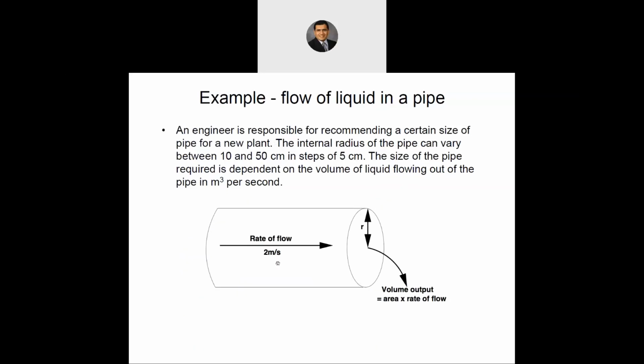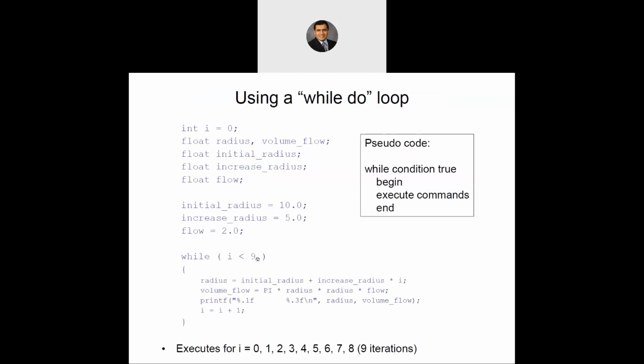Now, if you want to show from 10 to 50 in steps of 5, that means it has to go through 9 iterations. If you observe the 9 iterations that we are talking about, how do we create it?